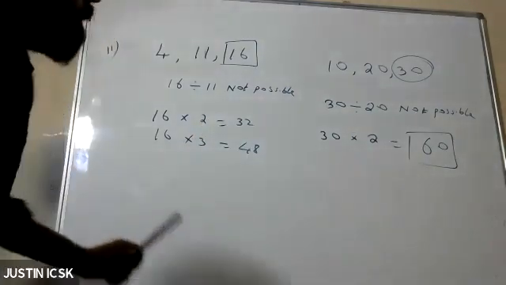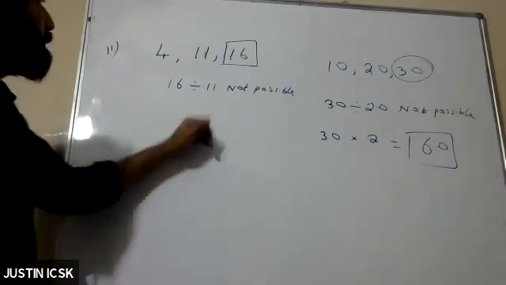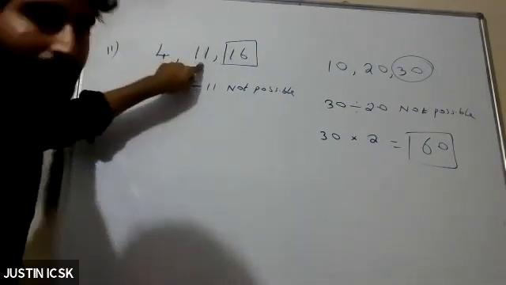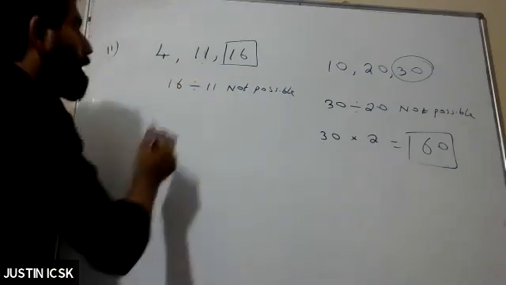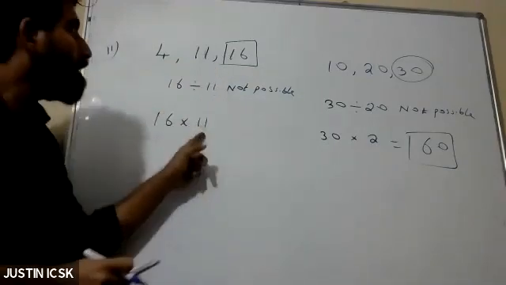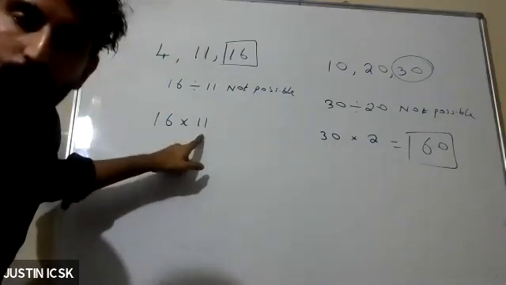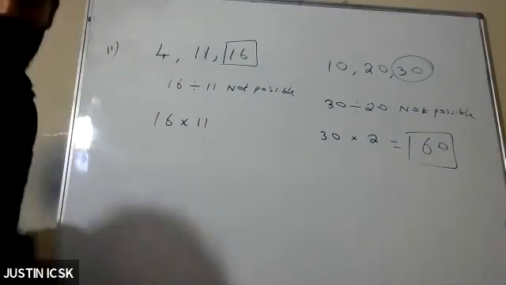So in the prime number case, you don't need to do all these things. Okay, you just check 16 by 4 possible. Next number is prime number or not. If that number is a prime number, just multiply by that prime number. 16 by 11, you don't need to check 2, 3 like that. Just do that same prime number, 16 into 11.